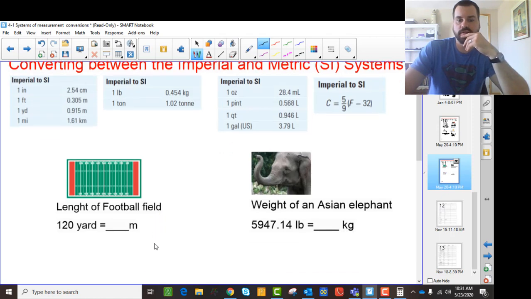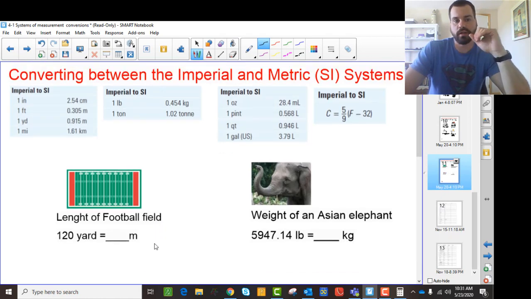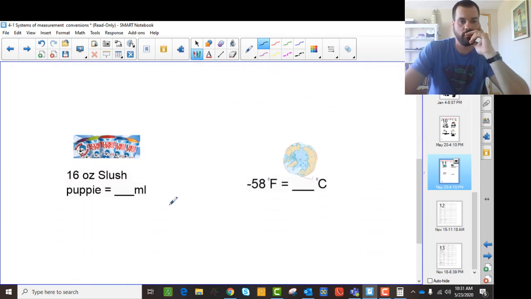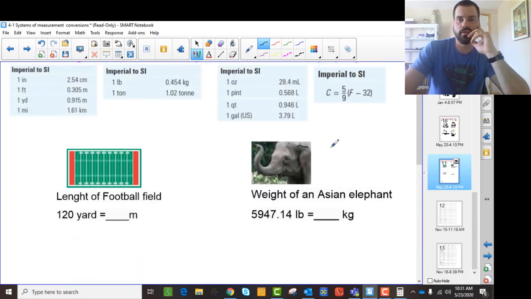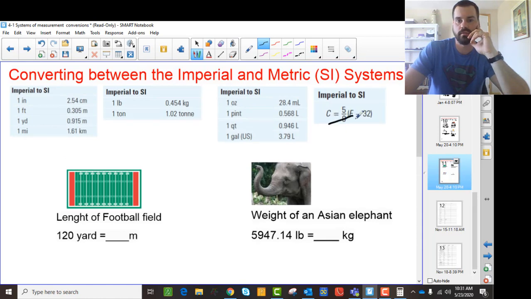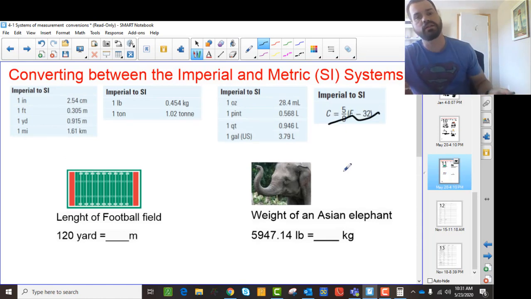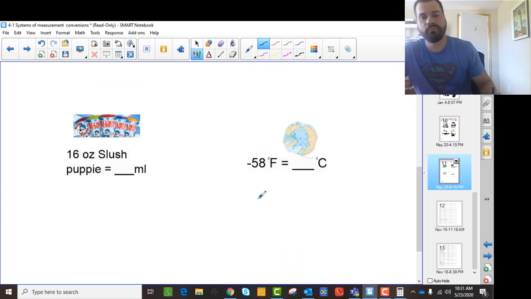If you look at these ones, you can try them on your own. You can try to go from yards to meters. You can try to go from pounds to kilograms. You can try to go from ounces to milliliters, and then go from Fahrenheit to Celsius. You'll notice that formula looks just slightly different. Actually, let's just do that one.